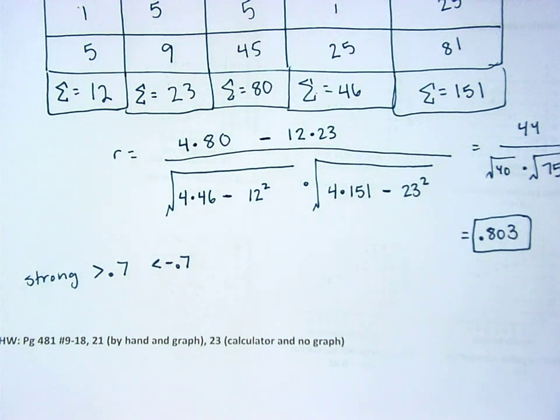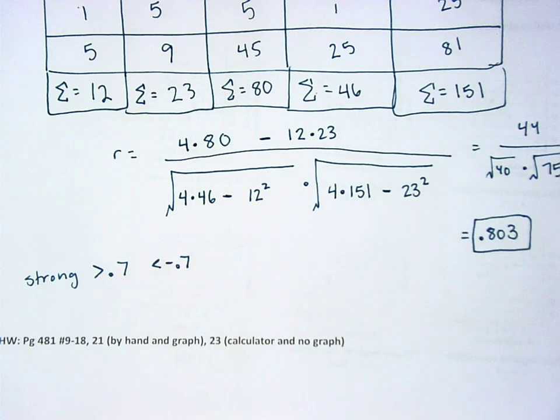Oh, apparently it really depends on what you're looking at. Like in medicine versus psychology versus politics, they're all very different. In medicine, they require at least a 0.6 for it to be considered moderate, and everything below 0.6 is considered pretty much not important.